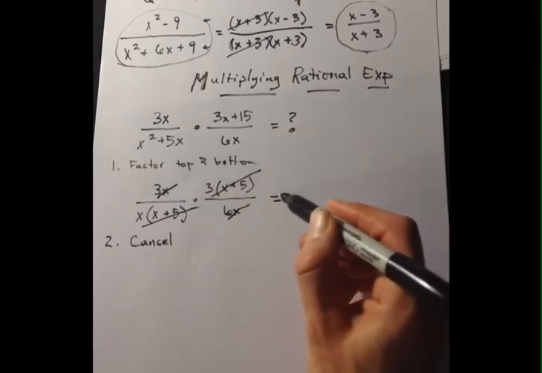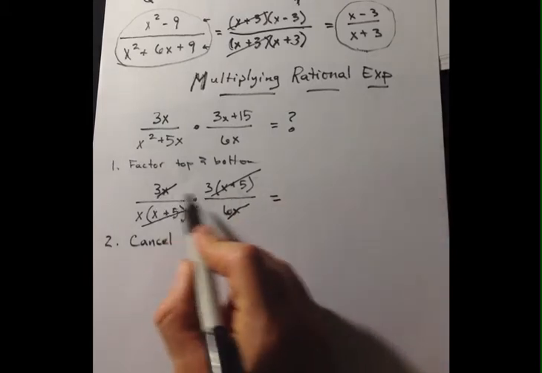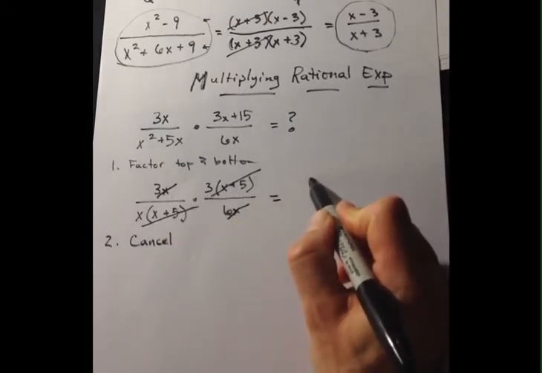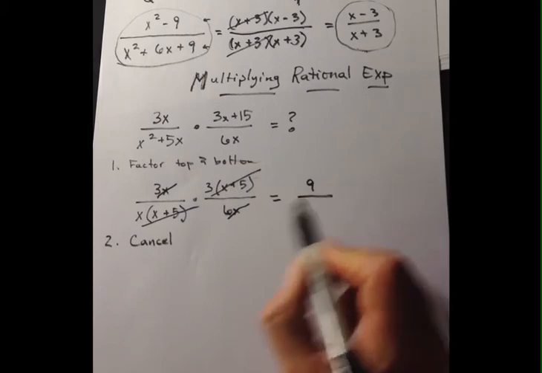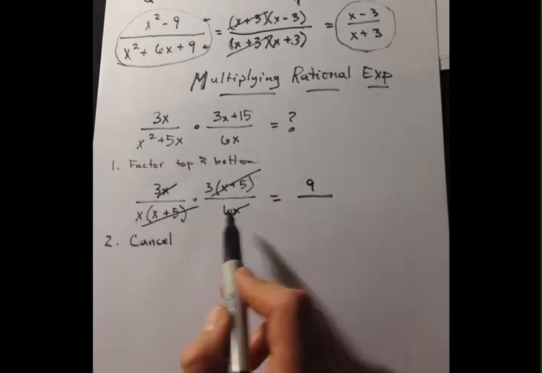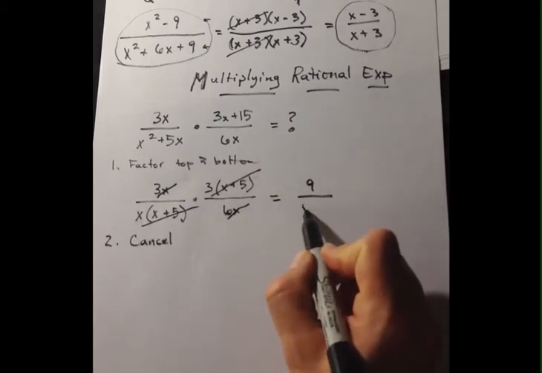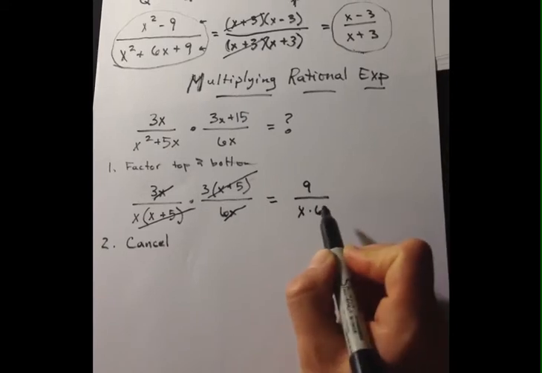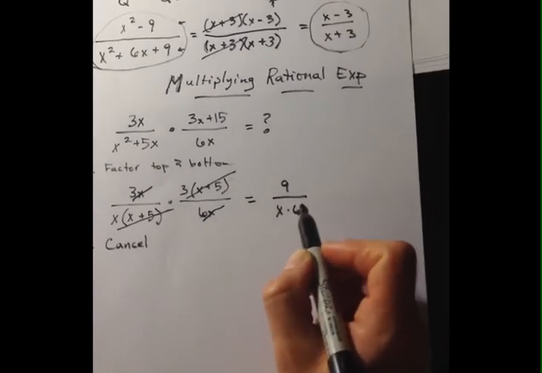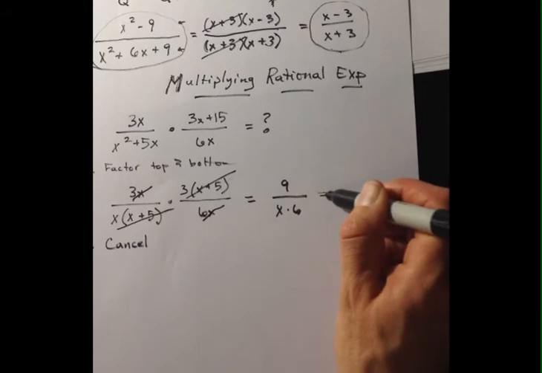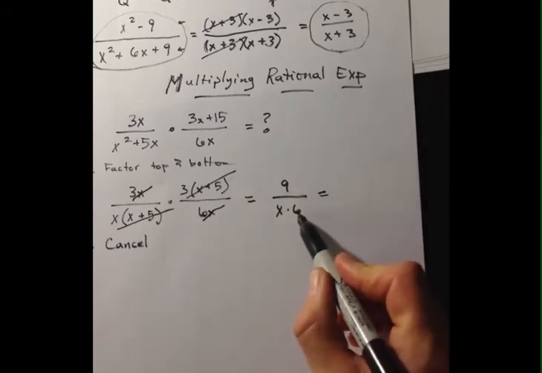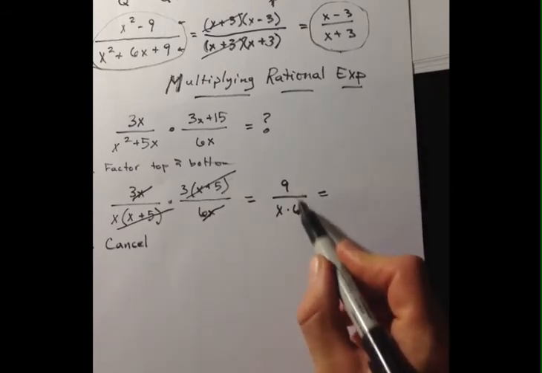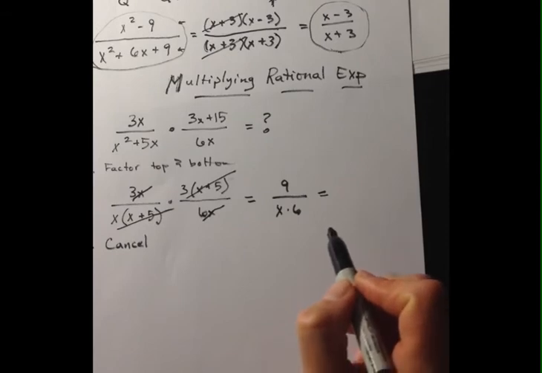If I multiply this out, I have just 3 times 3 up top over x times 6 on the bottom. And notice again, that can be simplified further. 6 is 2 times 3, and 9 is 3 times 3.